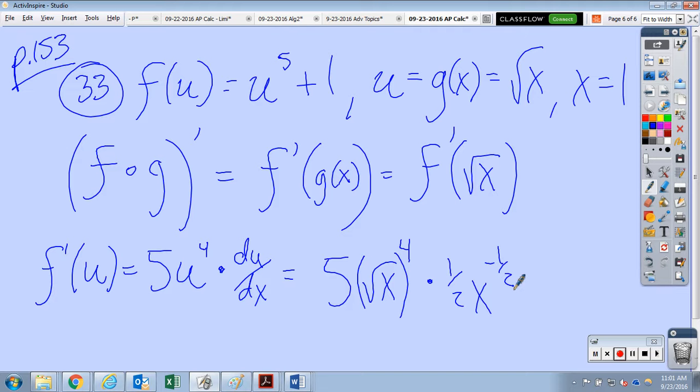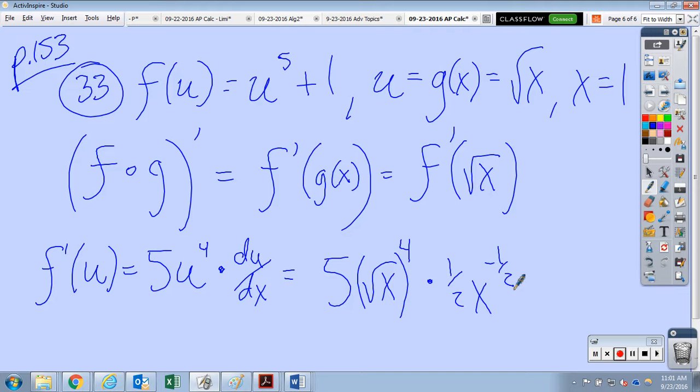If you want to say let x be 1, then g of 1 would be 1, so u equals 1, so you want to find f prime of 1. That's another way to do it. You would have to find the derivative of the f function first, which is 5u to the fourth, which is 5 times 1 to the fourth, which is 5.